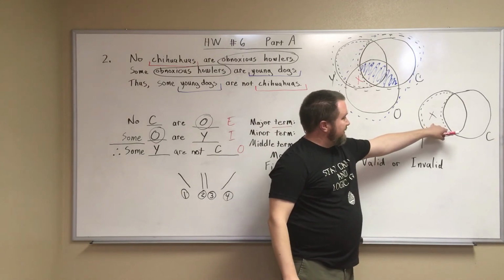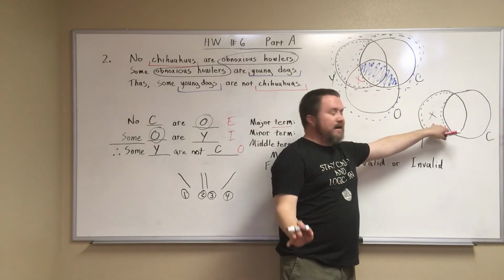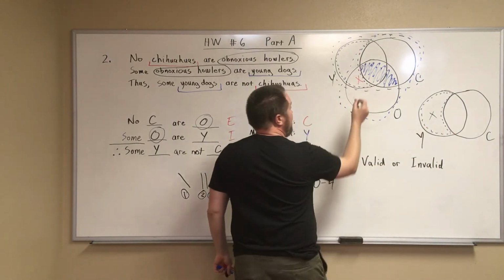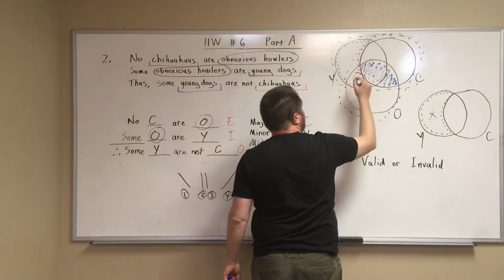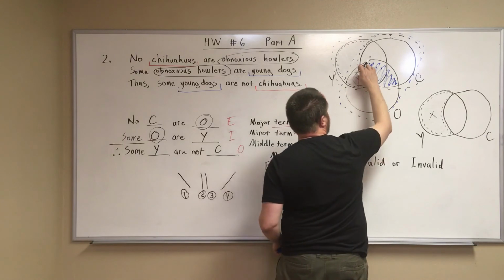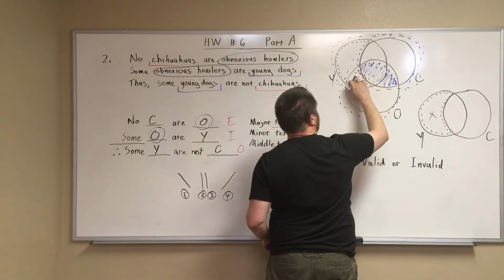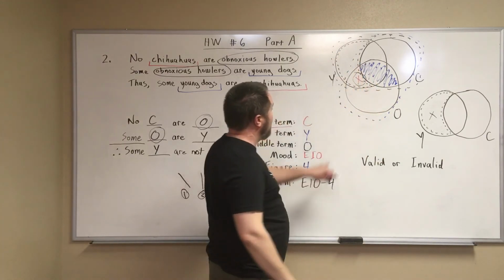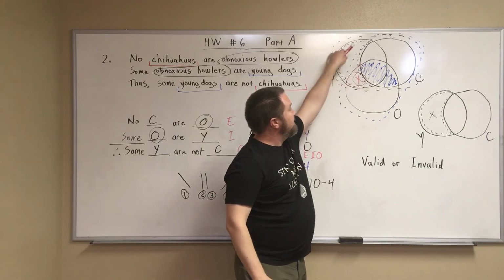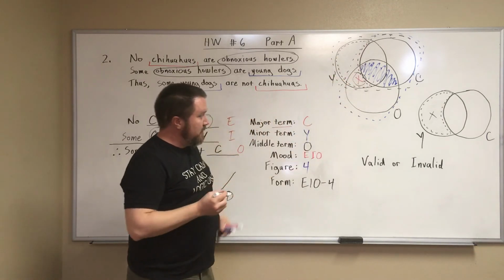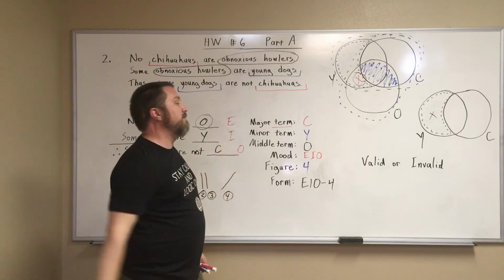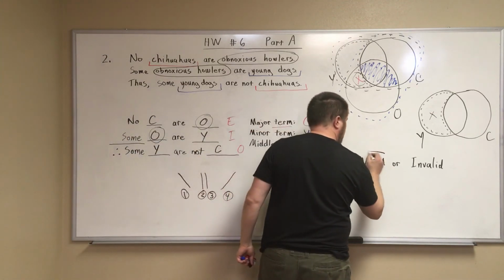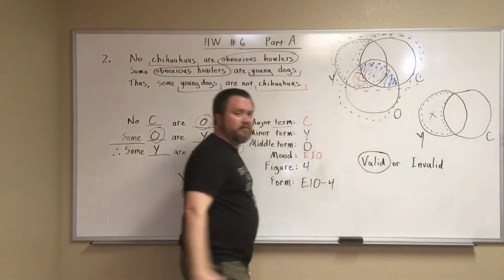And it's just saying that there's an X somewhere in that section. And indeed, we have an X right here, which is in that section. Now it doesn't matter if it's down here or if it's down here, but at least we know it's in this crescent. So since that information is represented in a 3-circle Venn diagram, we've proven validity.